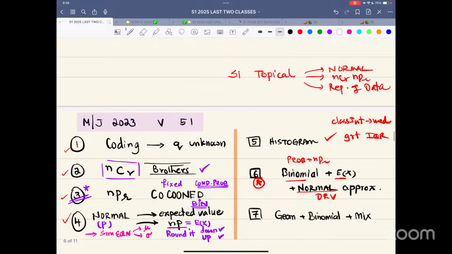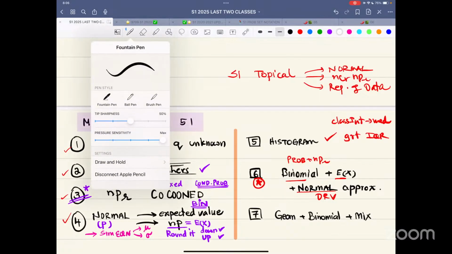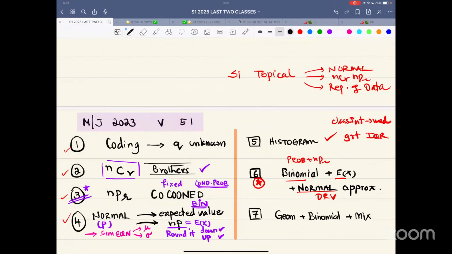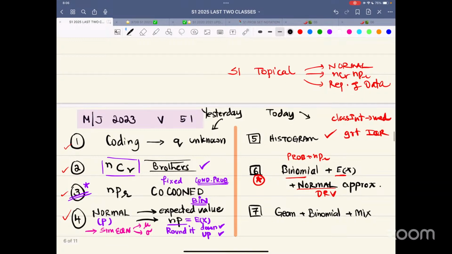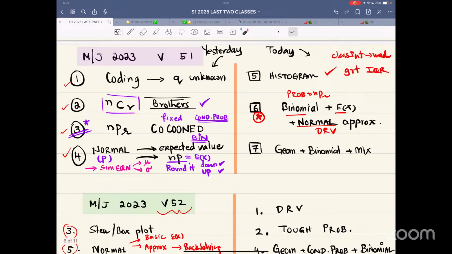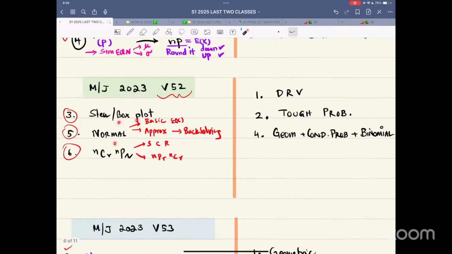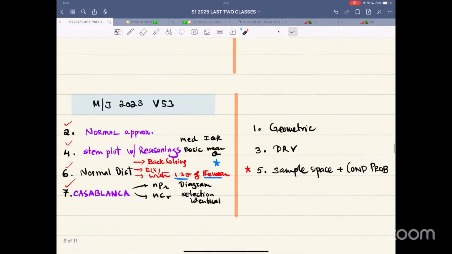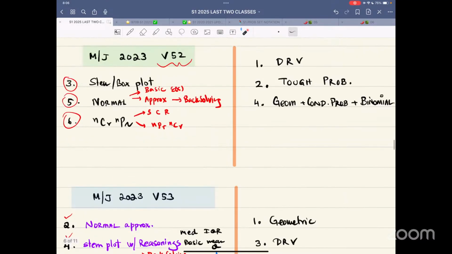This is what we did yesterday, and on this side, what we are doing today. Yesterday, we talked about the coding question, permutation, combination, normal, expected value, stem plot, box plot, normal, permutation, combination, normal, stem plot, reasonings, normal, permutation, combination. This is what we talked about yesterday.